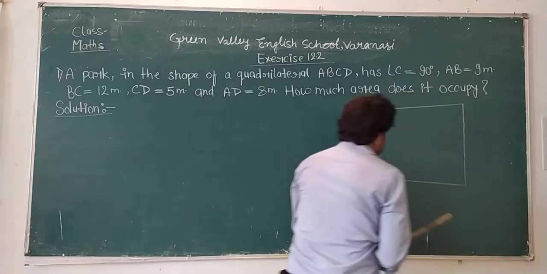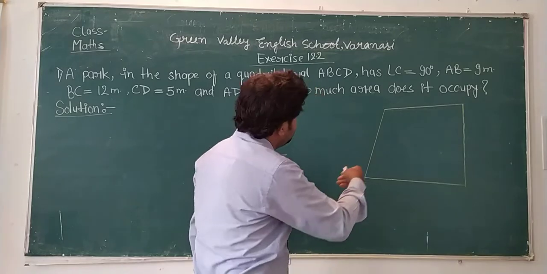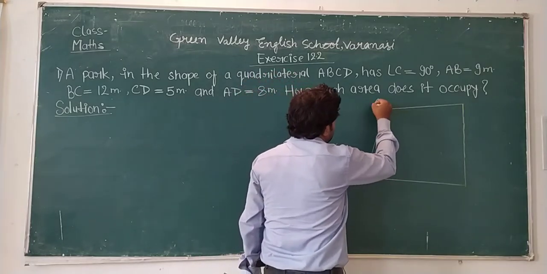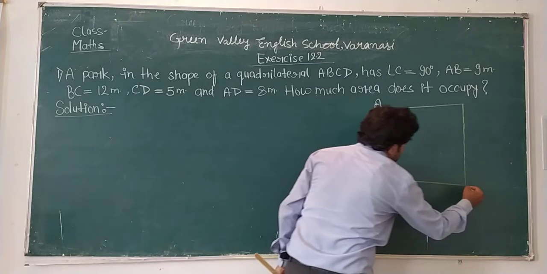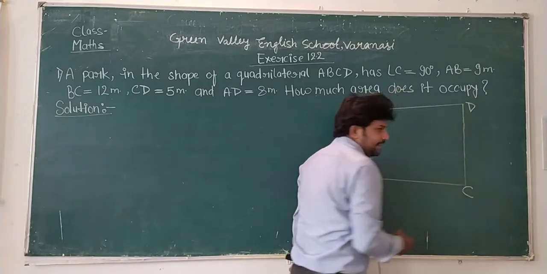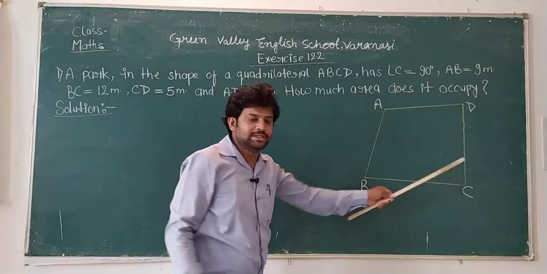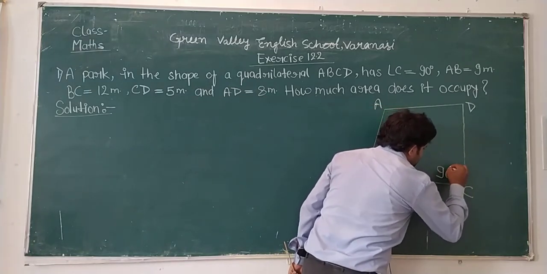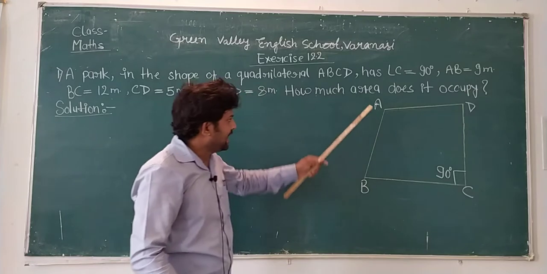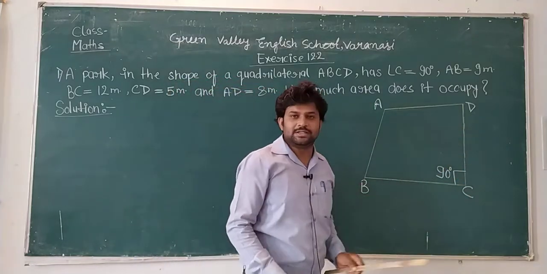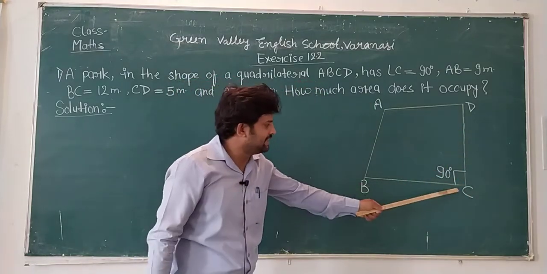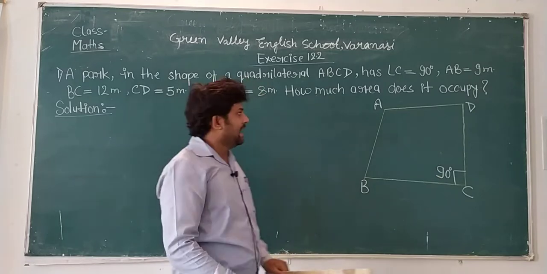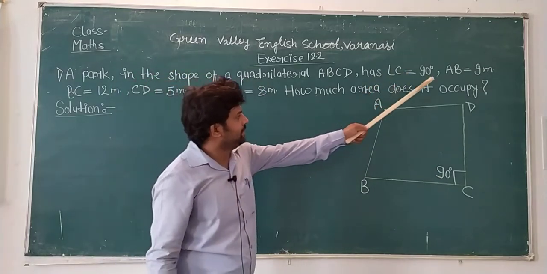Now we will draw quadrilateral ABCD, right angled at point C. It means angle C is 90 degrees. ABCD is a quadrilateral in which angle C is 90 degrees and some measurements are given.